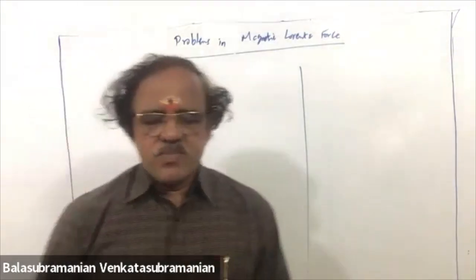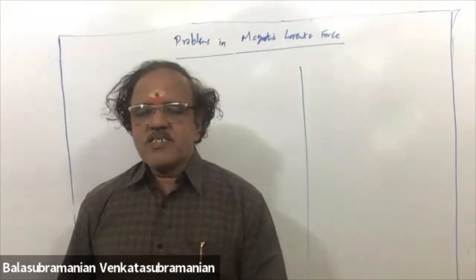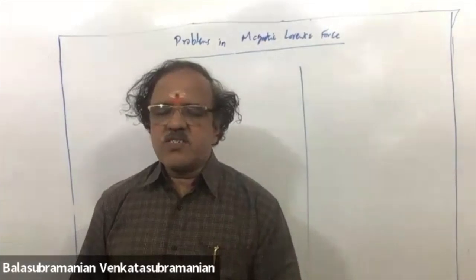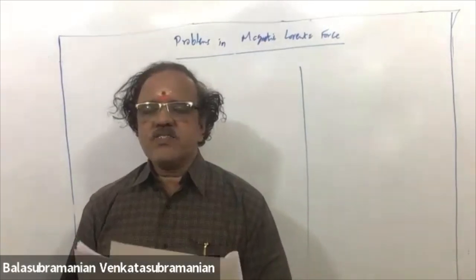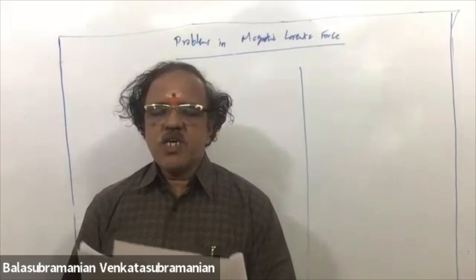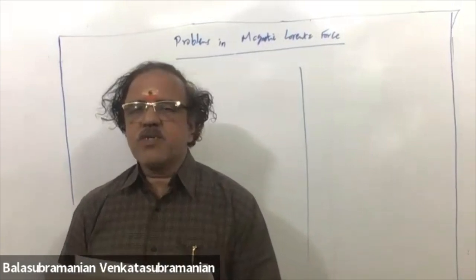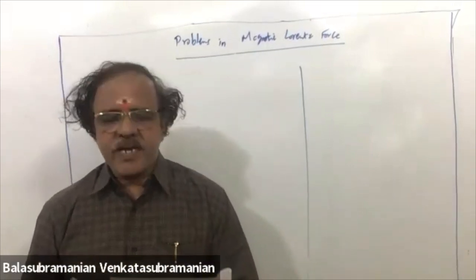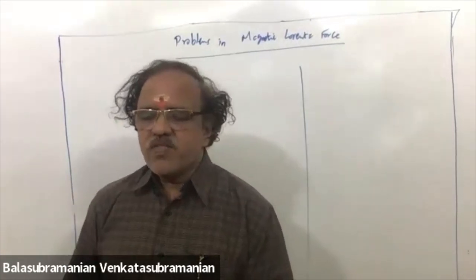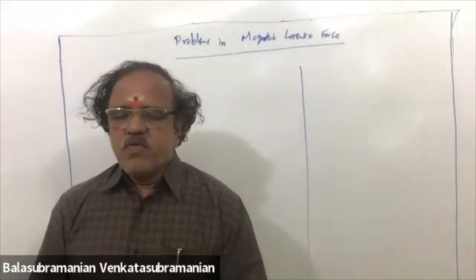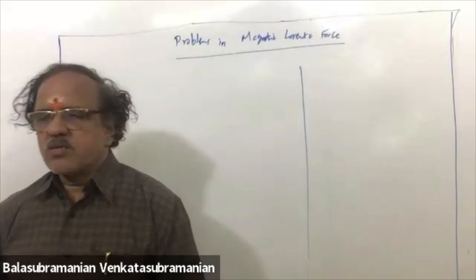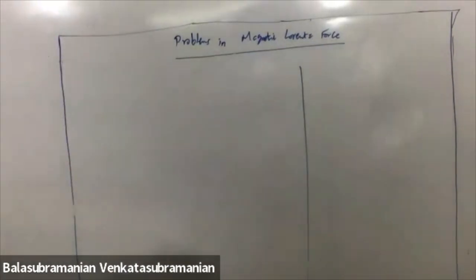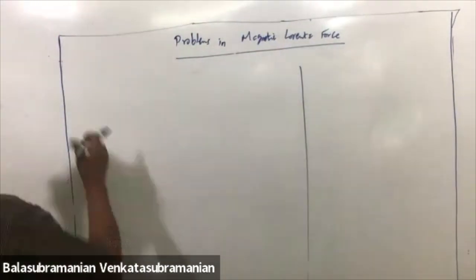First problem: a proton enters a magnetic field of flux density 2.5 Tesla with a velocity of 1.5 into 10 power 7 meter per second at an angle of 30 degrees. Find the force on the proton.